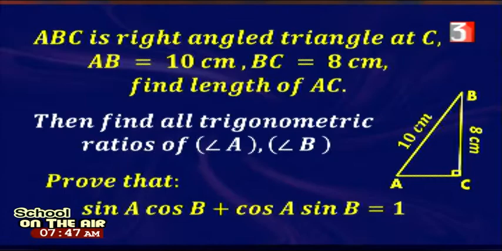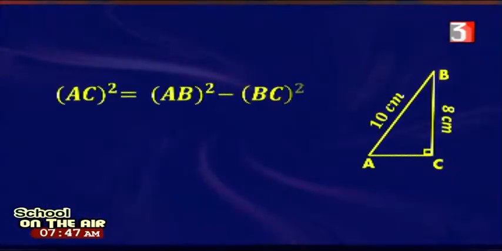Try to find first the length of AC. That's correct. You have triangle ABC. So you are going to find the length of AC as it is the length of a side, not the hypotenuse. So we can say that AC to the power of 2 equals AB to the power of 2 minus BC to the power of 2.